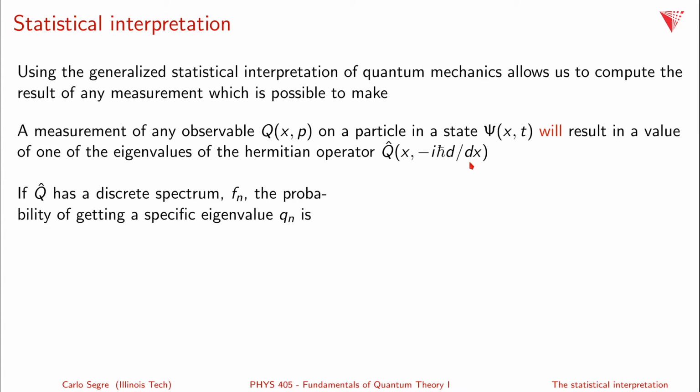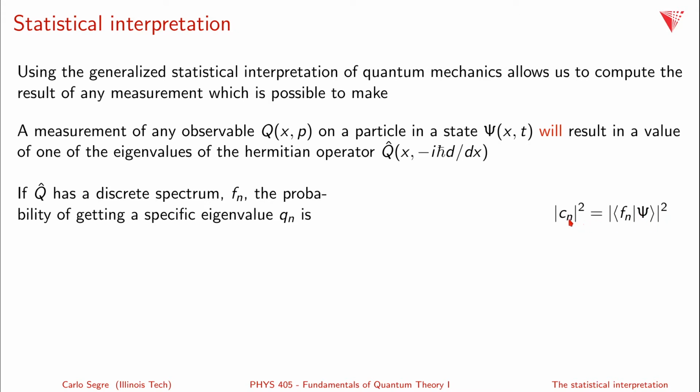So if Q has a discrete spectrum of eigenfunctions called f sub n, the probability of getting a specific eigenvalue q sub n that is associated with the eigenfunction f sub n is really simple. We take an inner product of the function that we're interested in, f sub n, with the wave function of the entire state, and take the modulus squared of that.